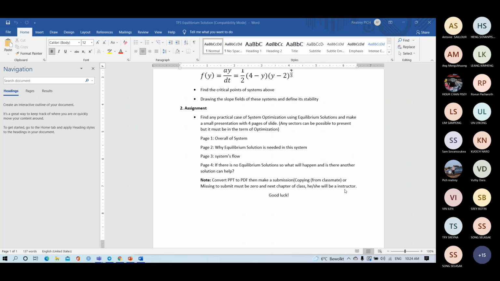If you search in Google for equilibrium solution for optimization task, it will release all the existing systems, but it's very hard to learn from their systems. Why do I say that? Because these systems are business systems. They do not show all the properties of the system for you to learn.